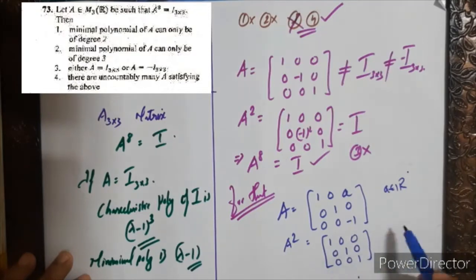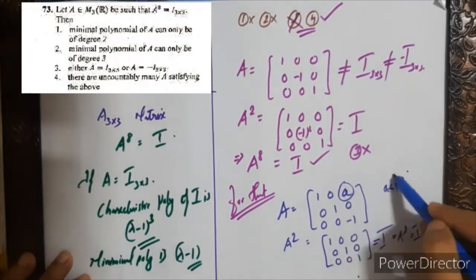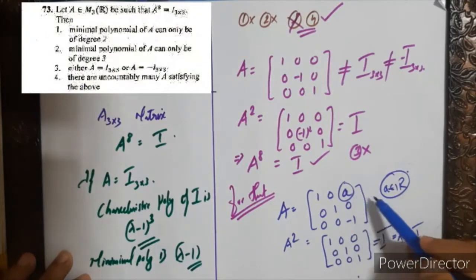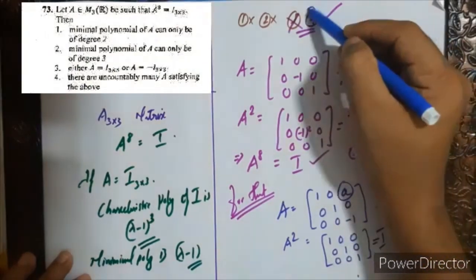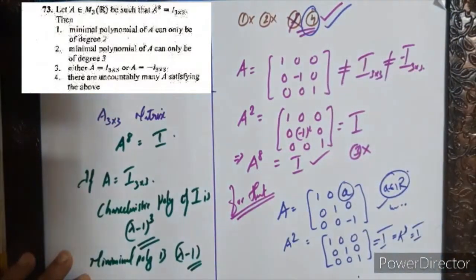So A square is equal to identity, therefore A raised to 8 is equal to identity. So a is any real number, so this is uncountable. So option 4 is true.